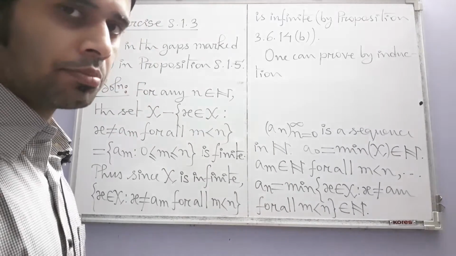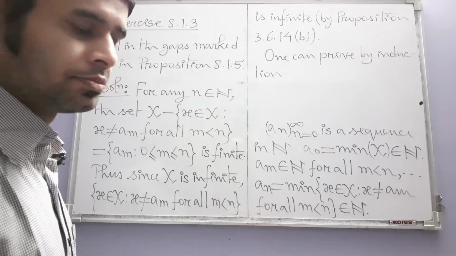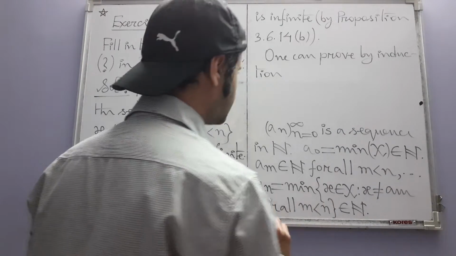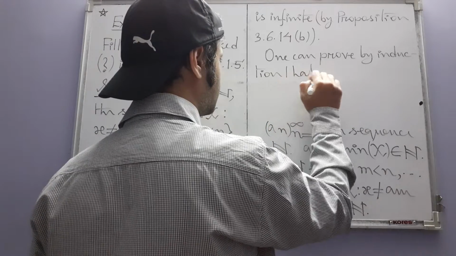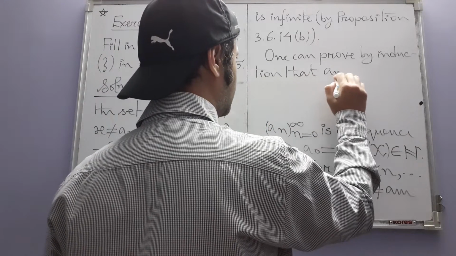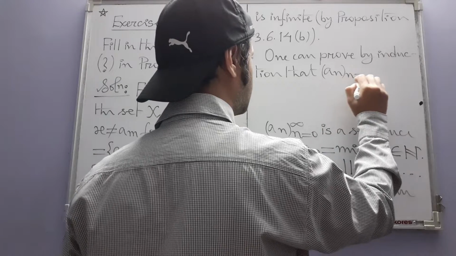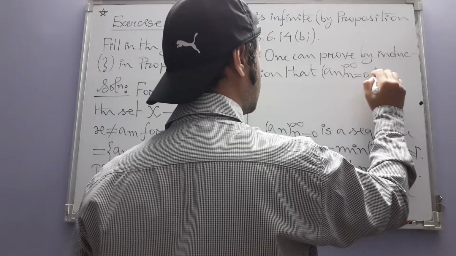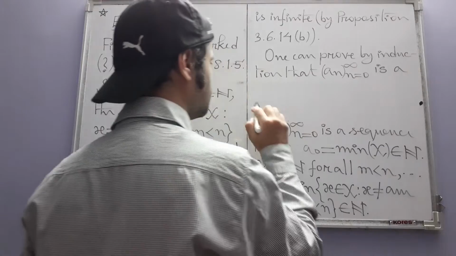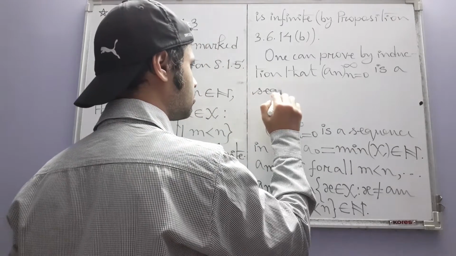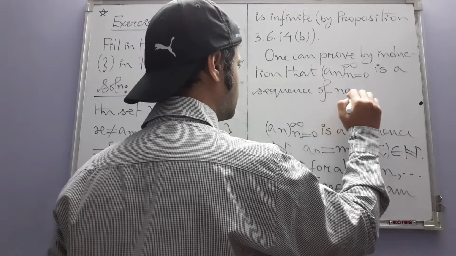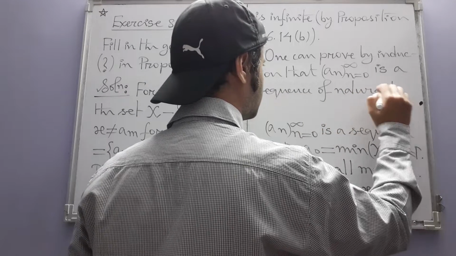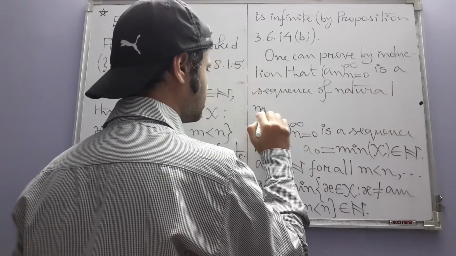You can do it mentally. There is no twist. It's extremely straightforward. By induction that a_n is a sequence of natural numbers.